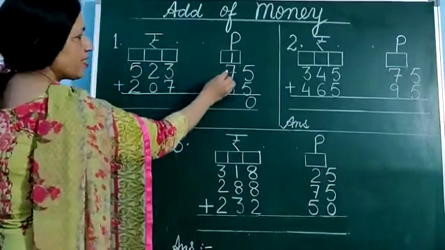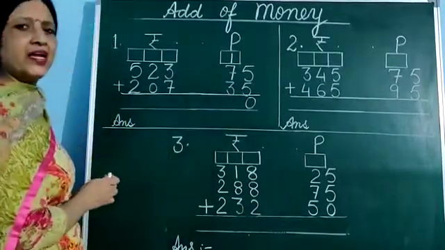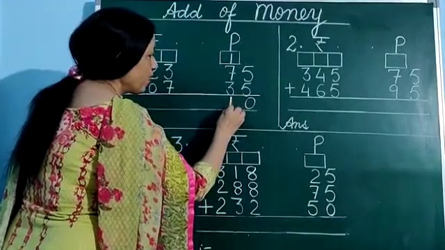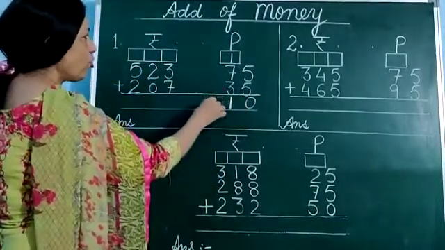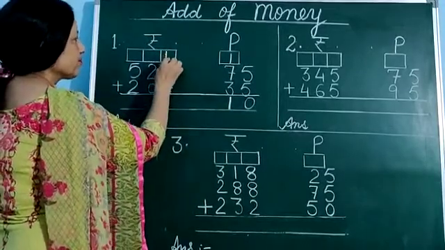Now 1 plus 7, 8, 8 plus 3, 11. Now write down 1 here, and where will the next one go?